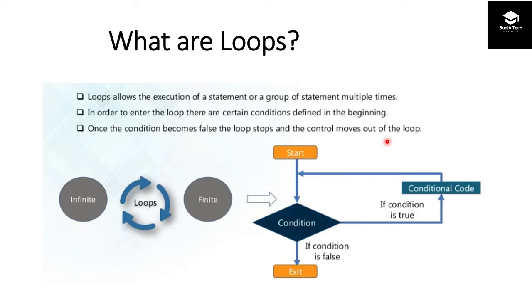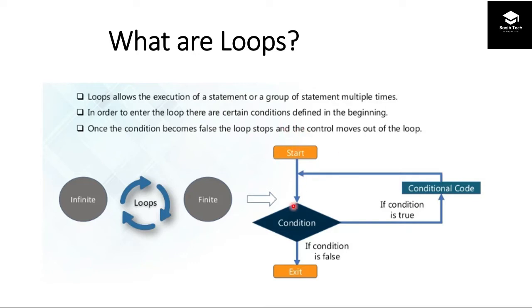Then what will be the condition to stop the loop? Of course we will stop the loop when it has completed iteration 100 times. Okay, so we will stop our loop at 100. That particular thing is called the conditional code. Once the condition becomes false, the loop stops and the control moves out of the loop.